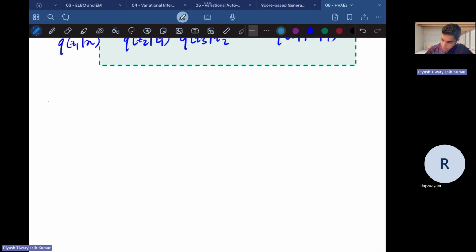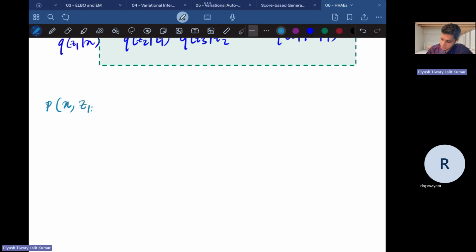So let's start with P of... Where should we start from? Okay, it's fine. Let's try to write down the generative distribution, right?